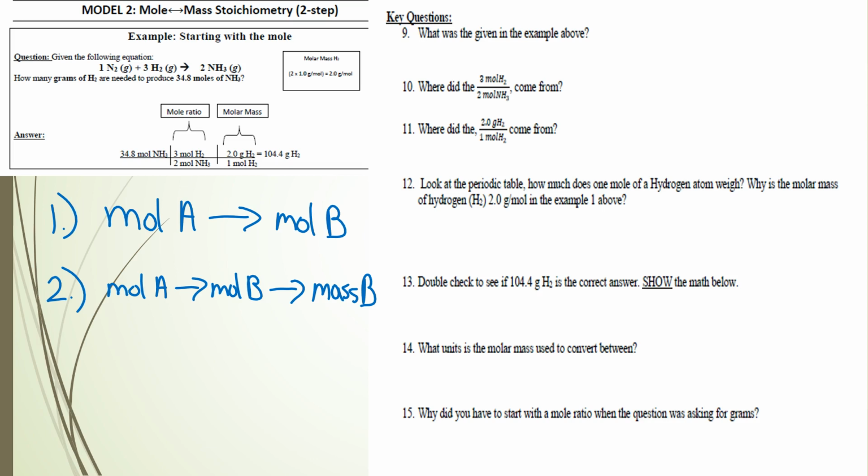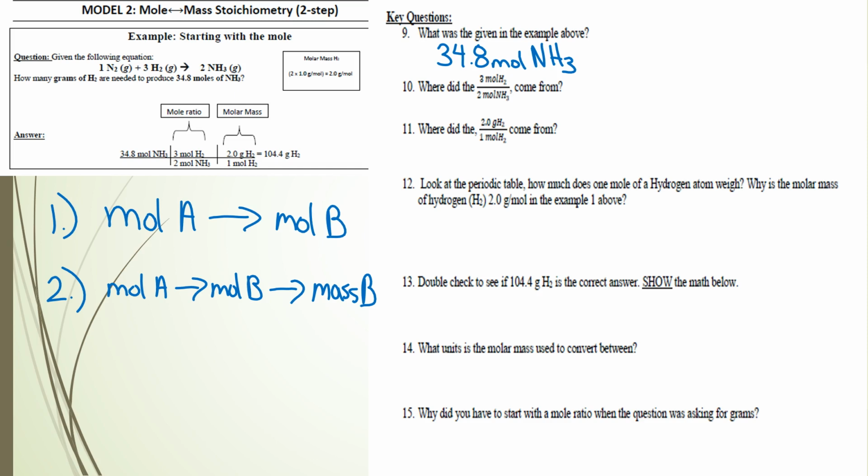So looking at the picture of our model, what is the given in this reaction? We're starting from the exact same place that we started from before. Same chemical reaction, so the balance is the same.